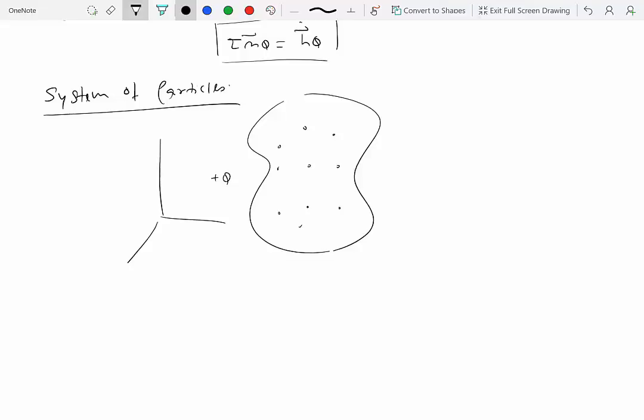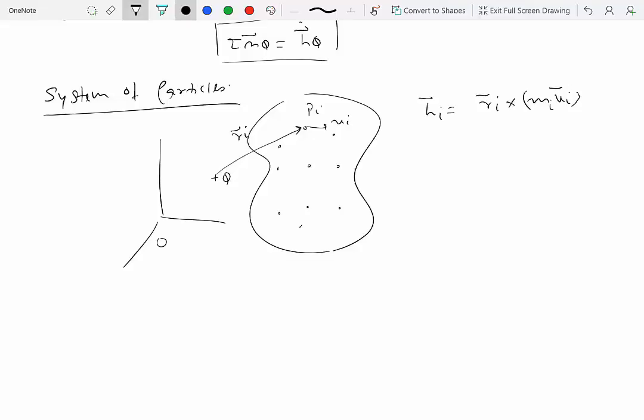You still have O over here, and you can write that we have the angular momentum of an individual particle, let's call it Hi, as Ri cross m times the velocity of the particle i. So if this is particle Pi, which has a velocity Vi, then you have this as your position vector, and you're doing a cross product between this position vector and the linear momentum of the particle.